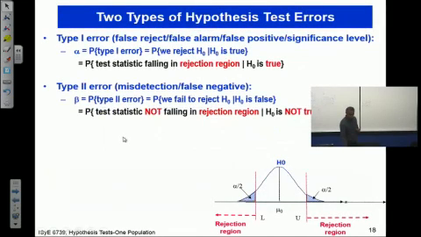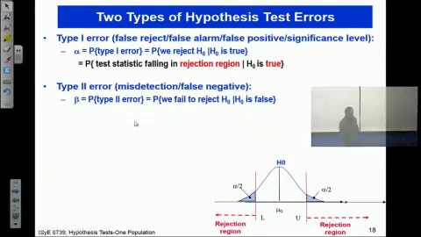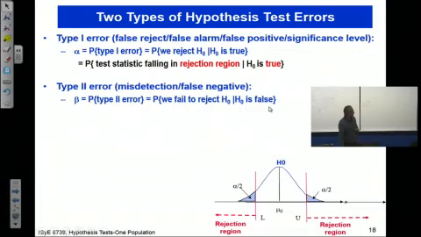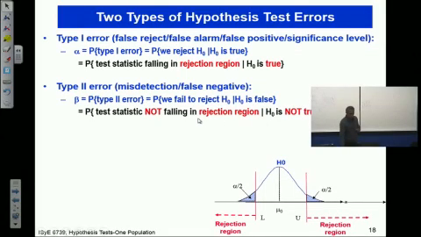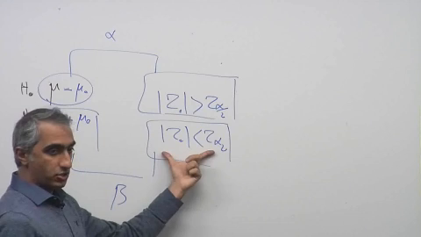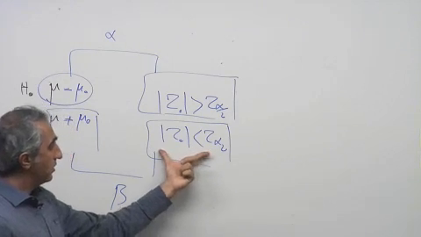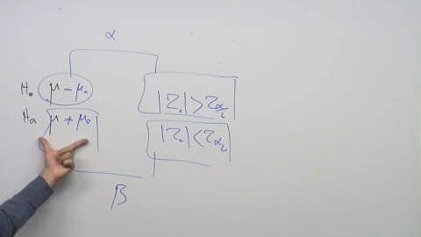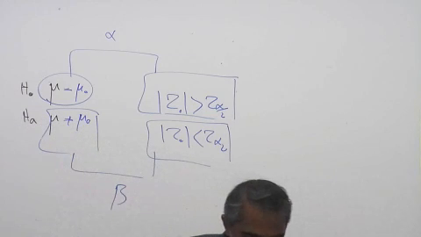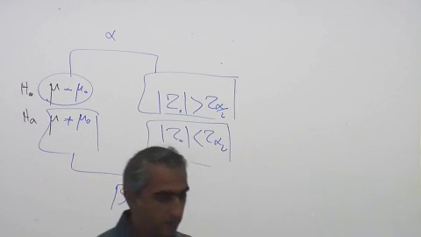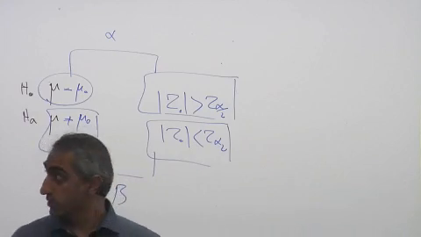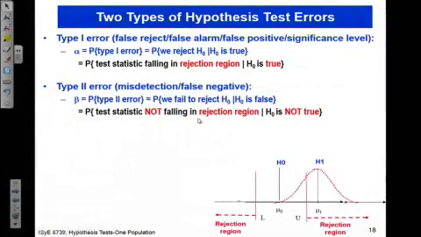That's here: probability of failing to reject H null, given that H null is false. Now, that's the probability of the test statistic not falling in the rejection region given that mu is not equal to mu 0. Okay? Now, look at this one.